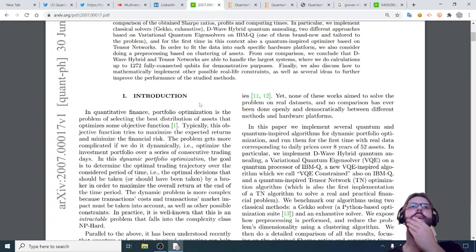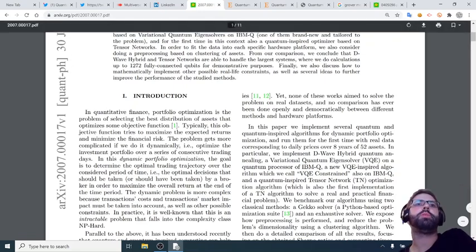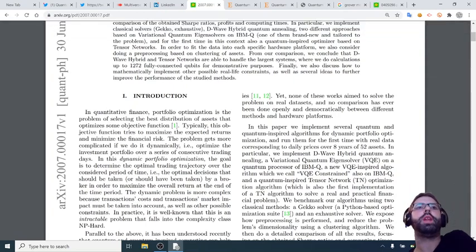So, in quantitative finance, portfolio optimization is the problem of selecting the best distribution of assets that optimizes some objective function. Typically, this objective function tries to maximize the expected returns and minimize the financial risk. The problem gets more complicated if we do it dynamically, optimizing the investment portfolio over a series of consecutive trading days. In this dynamic portfolio optimization, the goal is to determine the optimal trading trajectory over the considered period of time.